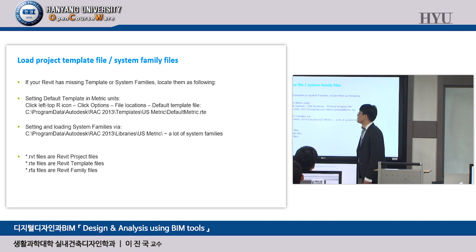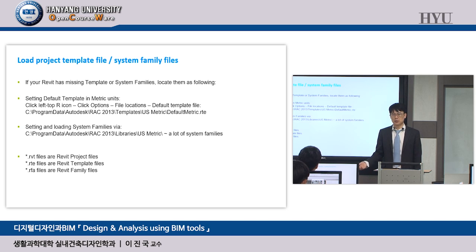Family means library. So we need to understand where is the library folder, how to import Korea standard library, how to import Chinese standard. When you are working with Chinese building, simply say, you're not gonna work only for Korea building, okay?